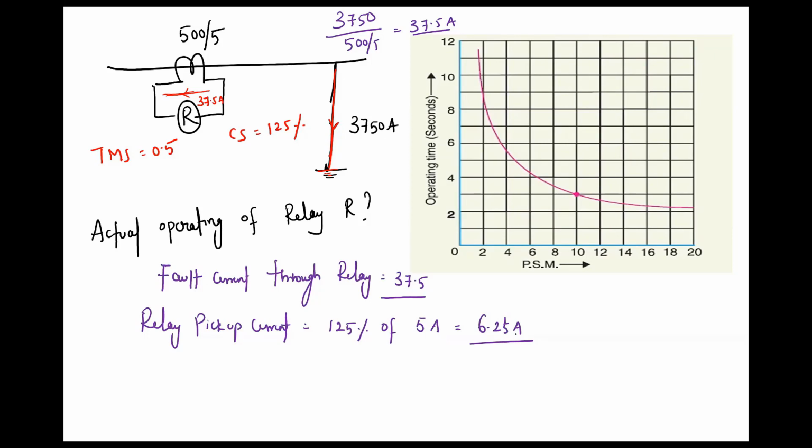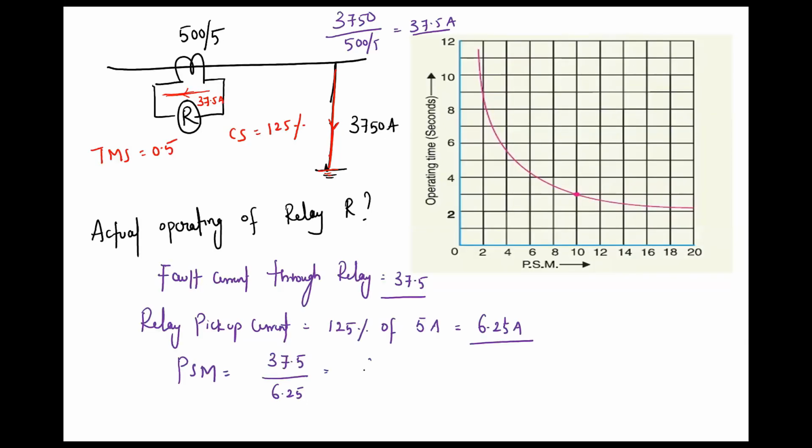Now calculate my plug setting multiplier. It is 37.5 divided by 6.25. Can anybody tell this value? This value is 6. Okay, I got my plug setting multiplier.